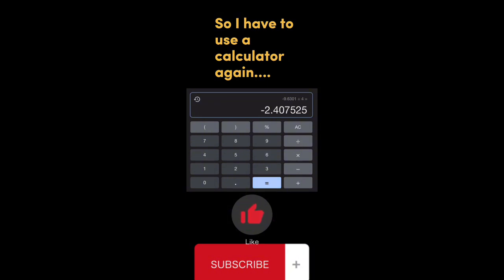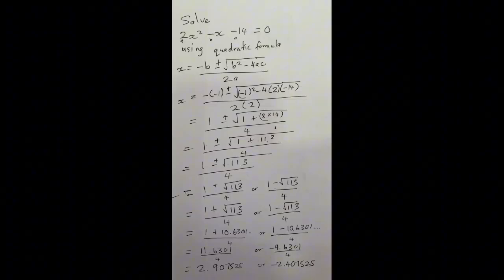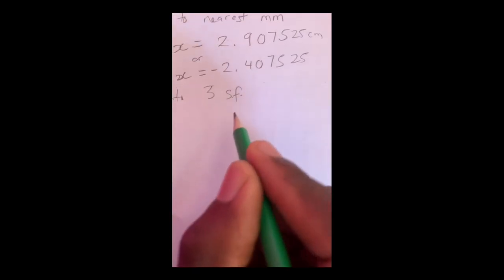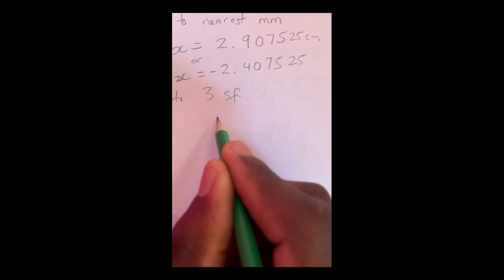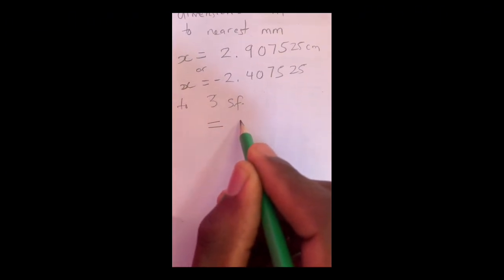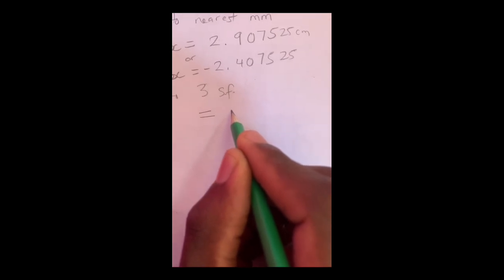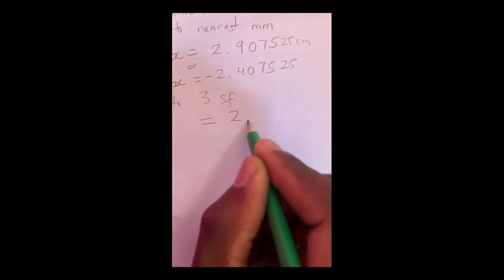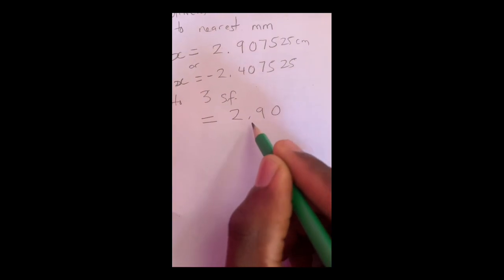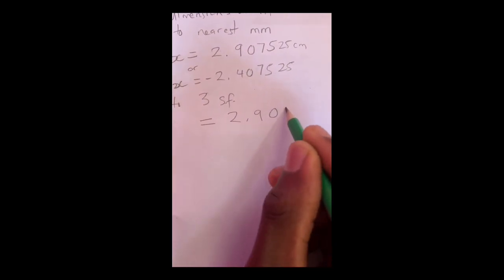Alright, so back to our equation. The value of x is equal to 2.9075 or minus 2.4075. So to three significant figures, x can be equal to 2.91 or x equals minus 2.41.